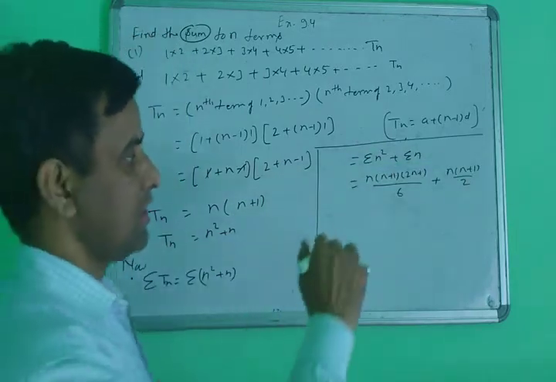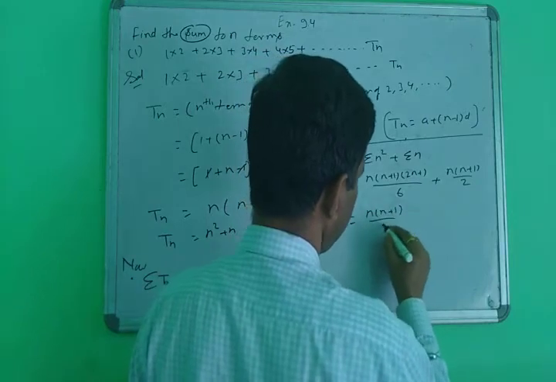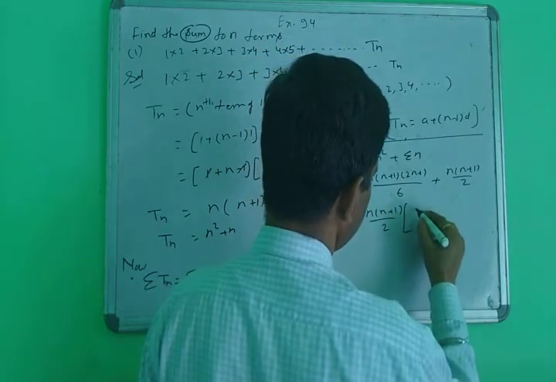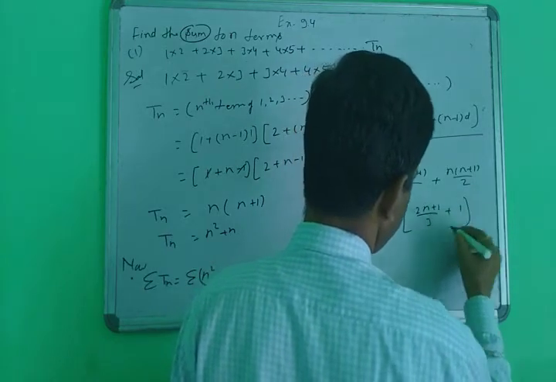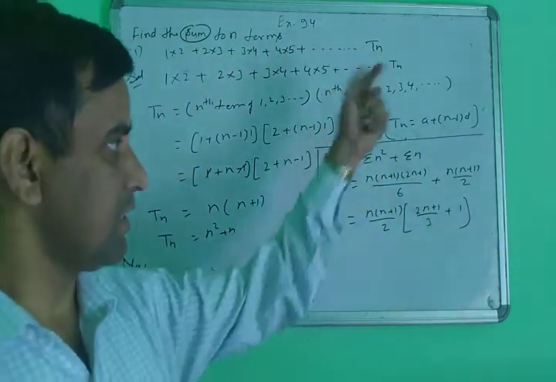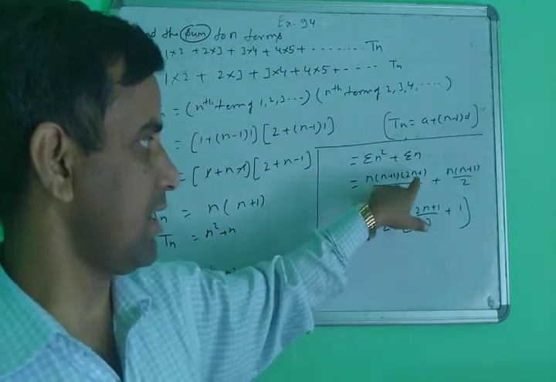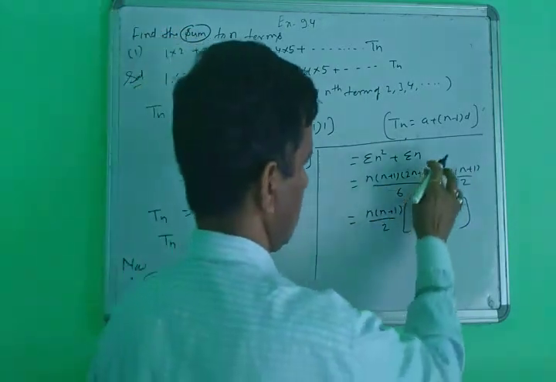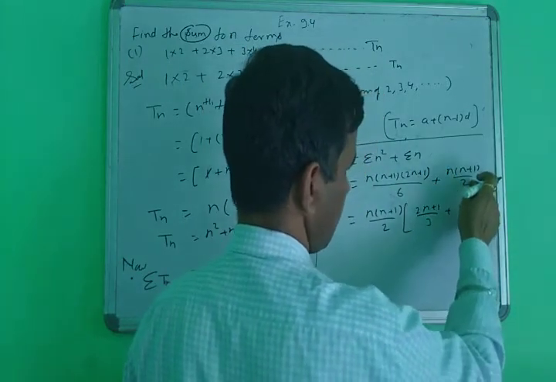You take n into n plus 1 common upon 2. What is left here? 2n plus 1 upon 3, and 1. First of all, you are taking n into n plus 1 by 2 common. What is left is 2n plus 1 in brackets, and then only 1.